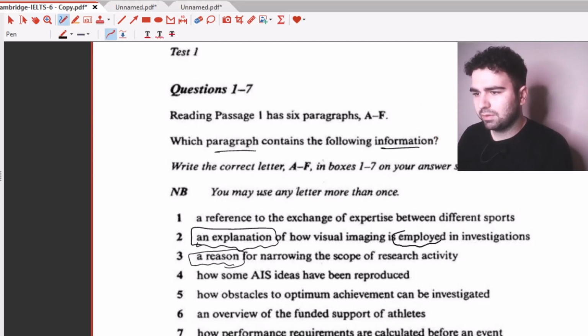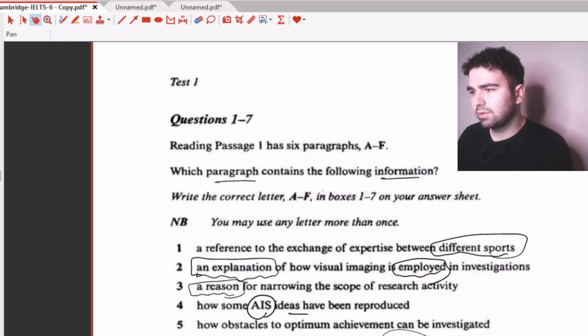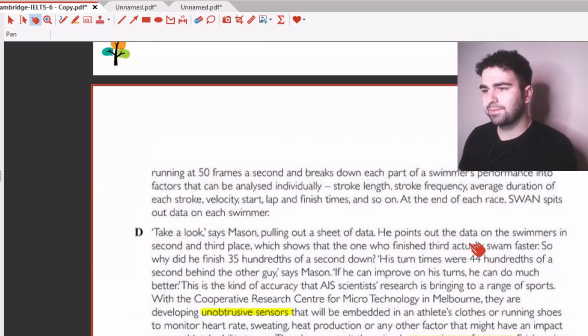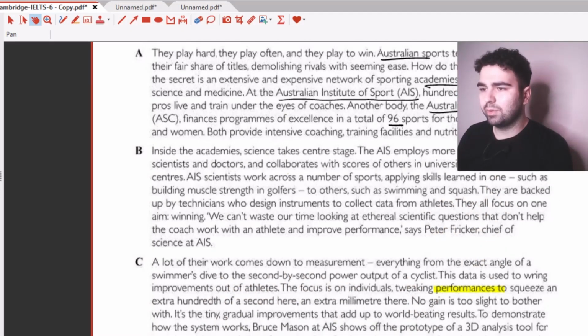For example, explanation of employed, AIS, ideas, I don't know, overview of funded support. So just talking about the money and so on. Exchange of expertise between different sports. Let's read the text. I want to deliver what I mean.